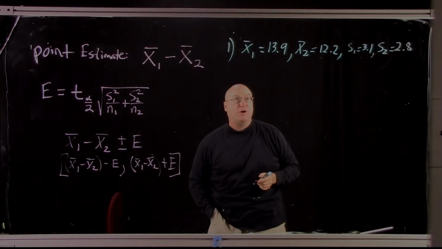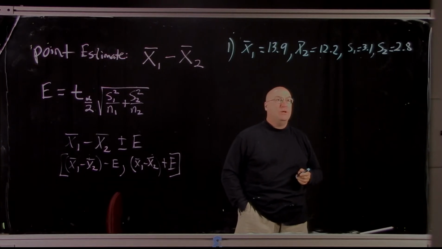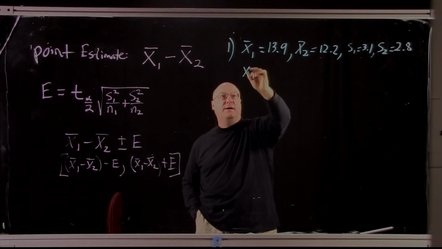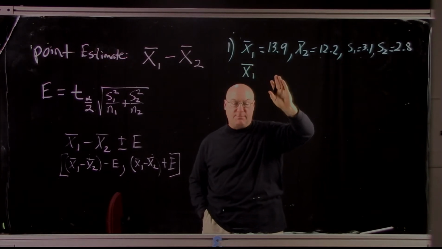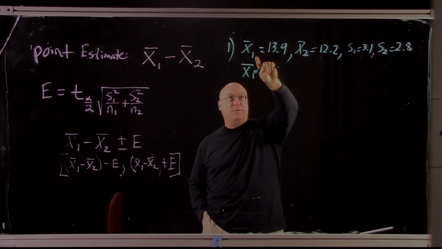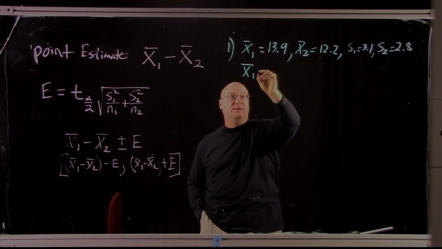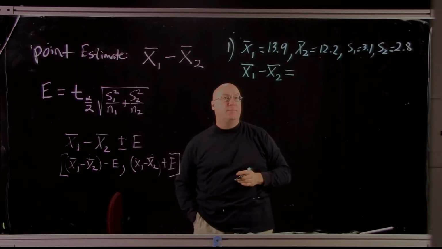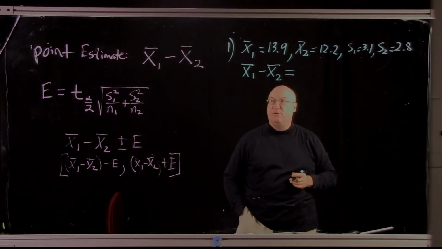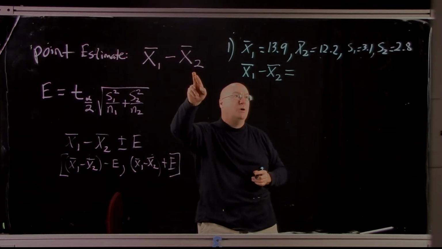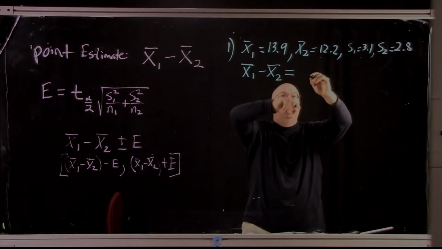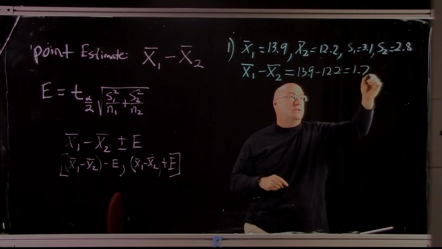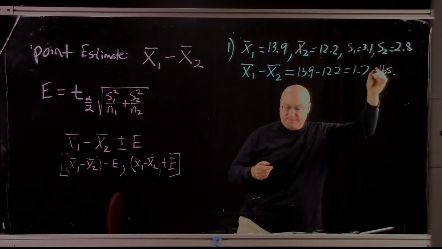All right, we may as well go ahead and compute the point estimate here. Typically if we're dealing with one population, then X1 bar would be our point estimate, but since we're dealing with two, our point estimate for mu1 minus mu2 is X1 bar minus X2 bar. So that's 13.9 minus 12.2, that's 1.7. This is pounds, right?